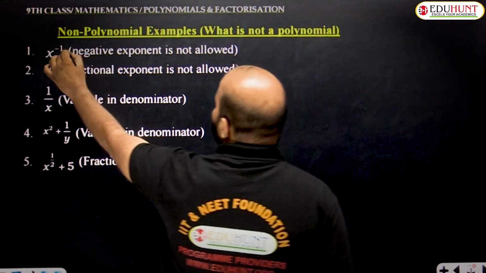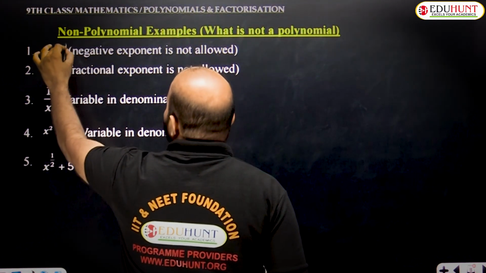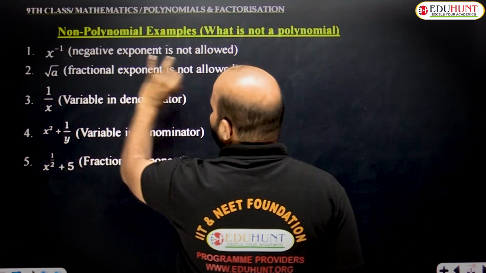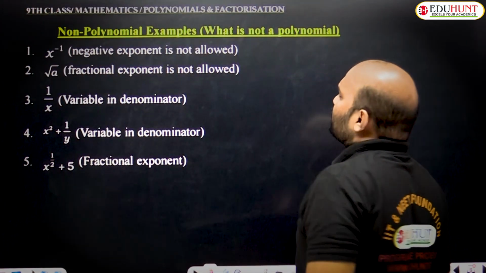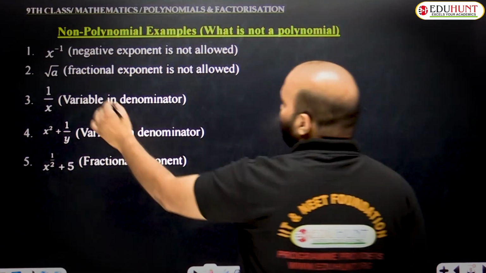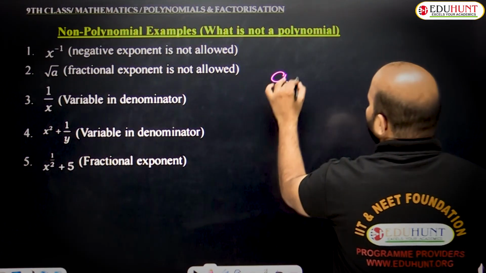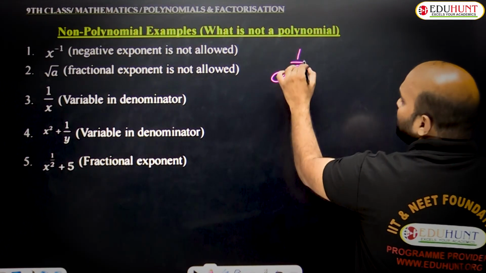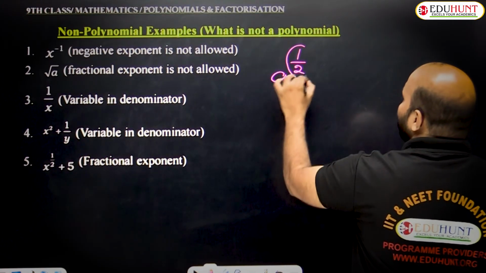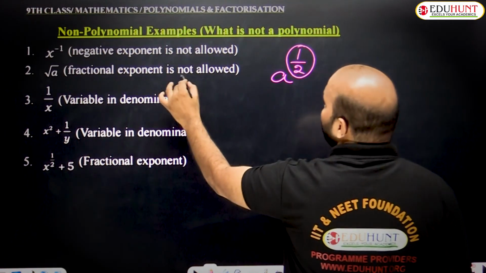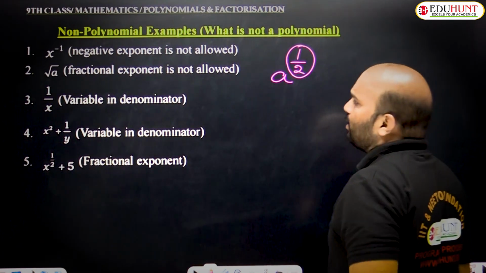Especially in the exponent part, a negative integer is not allowed, and a fractional exponent is not allowed. Root a can be written as a power 1 by 2. This is a fractional exponent, 1 by 2, and it is not allowed. It is not a polynomial.